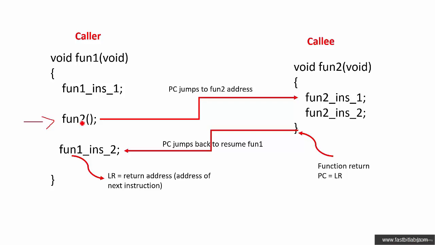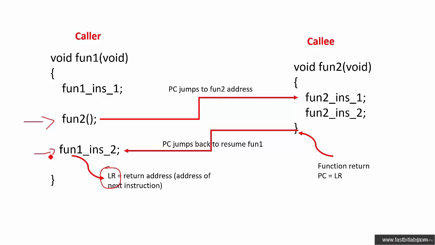In terms of assembly language, it is a jump to another address. That's why PC is loaded with the address of function 2, and that's how execution goes to function 2. At the same time, LR is loaded with the address of the next instruction. That's how the processor maintains the return address.